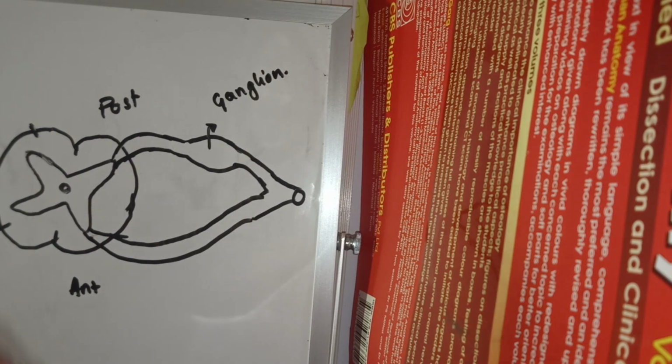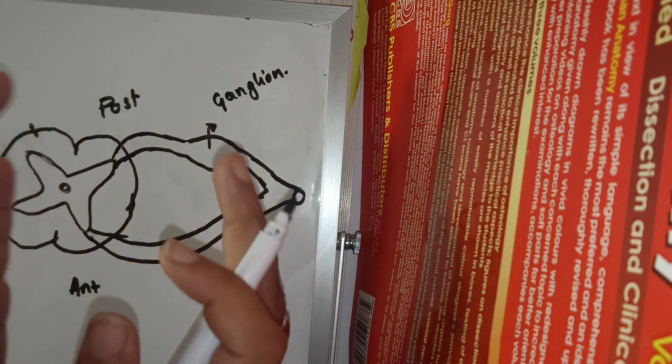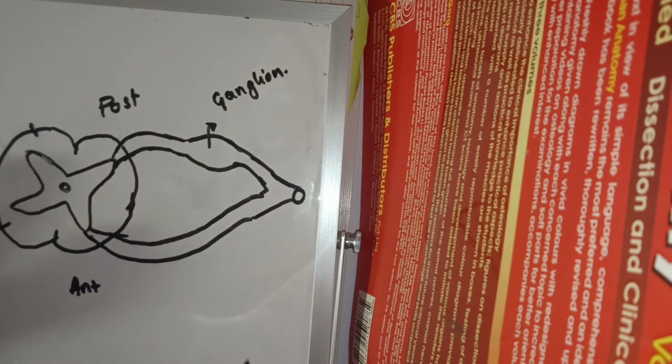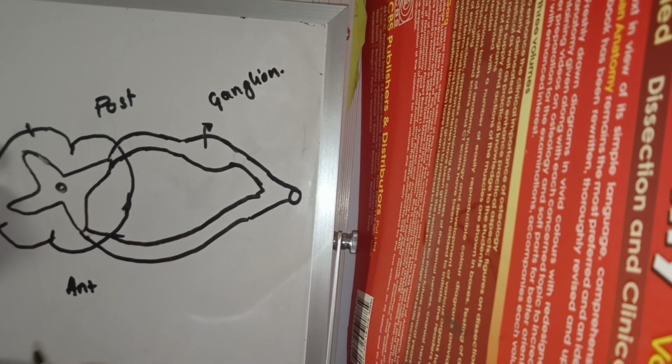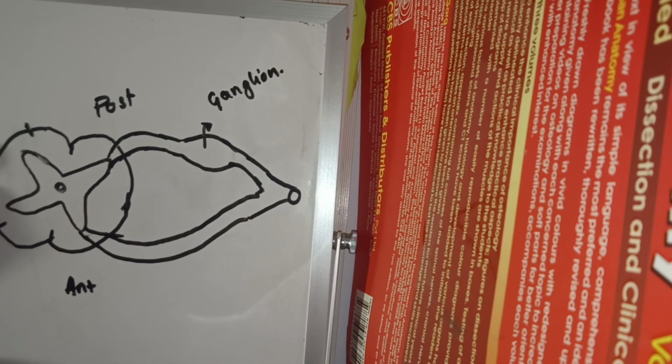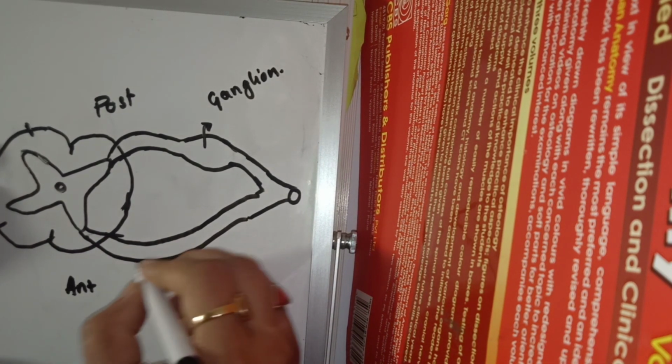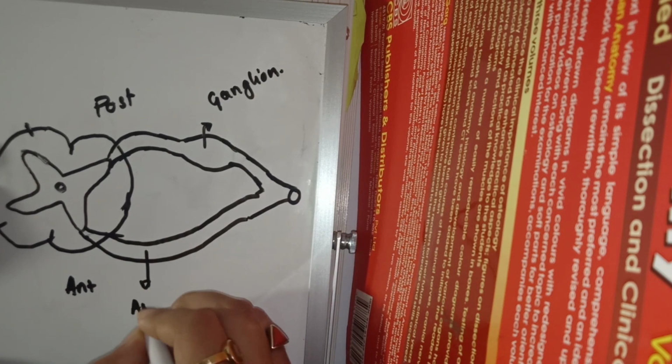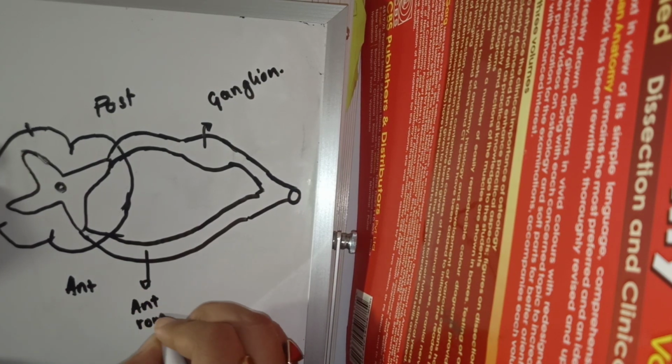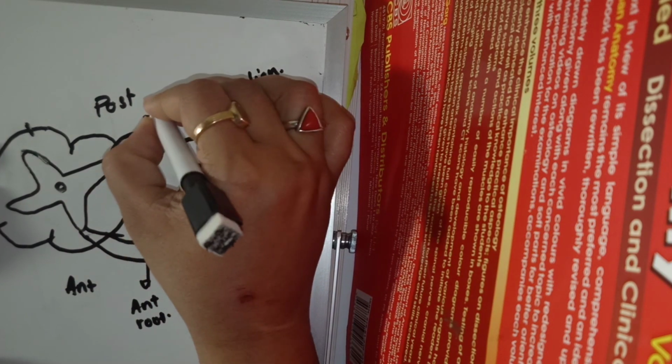What is ganglion? Ganglion is nothing but a cluster of neurons. Many neurons join to each other and form a cluster-like shape that is known as ganglion. It is found on the posterior side only, not on the anterior side. So this is known as the anterior root, and here we have the posterior root.